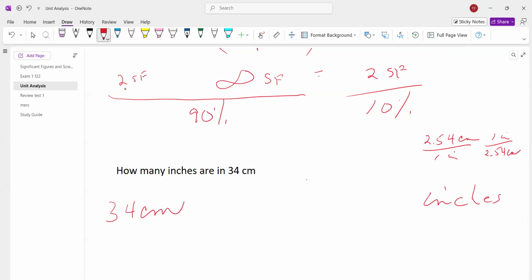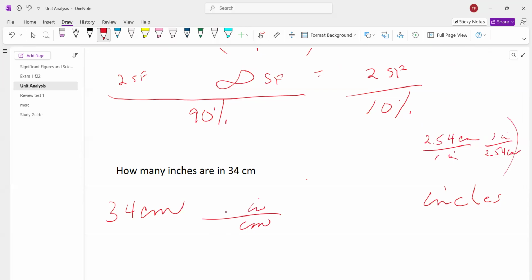So we want the conversion factor with inches on the top so that the given always cancels. The given always cancels, which means the given has got to be in the bottom. So in this case, centimeters needs to be in the bottom, and inches on the top.